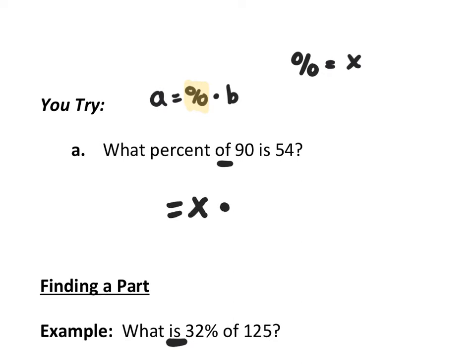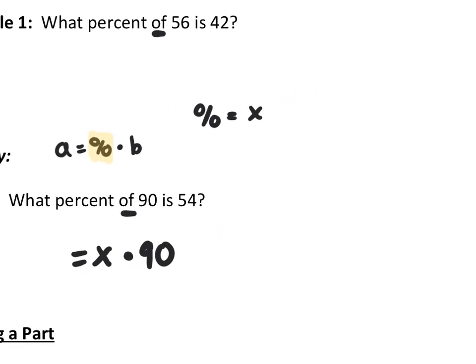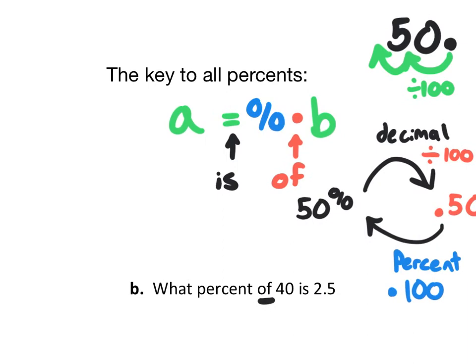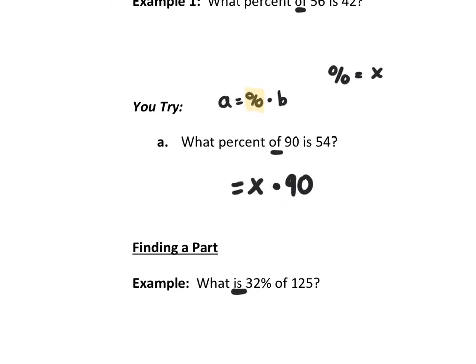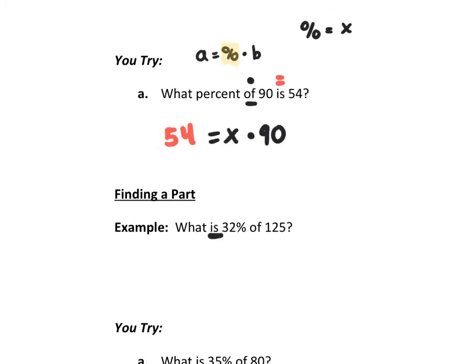When it says of 90, that of means multiplication, right? We see it right there in red. So when it says of 90, that's multiplying by 90, because of means multiplication, and is the equal sign. So when it says is 54, we place it just like that.